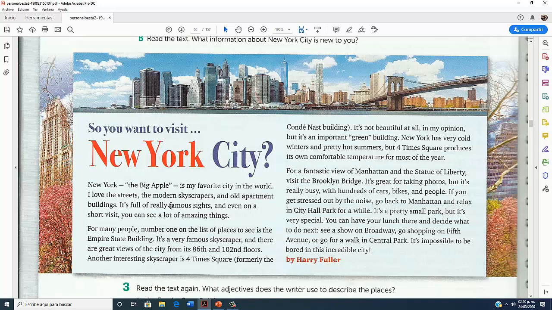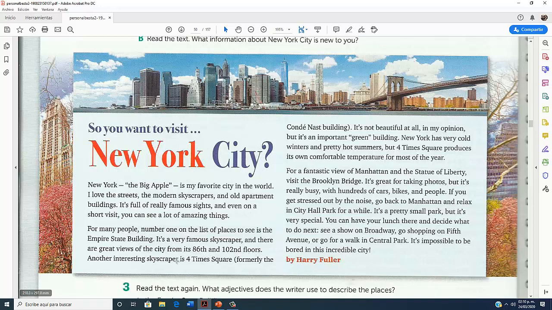Even on short visits, you can see a lot of amazing things. For many people, number one on the list of places to see is the Empire State Building. It's a very famous skyscraper, and there are great views of the city from its 86th and 102nd floors.